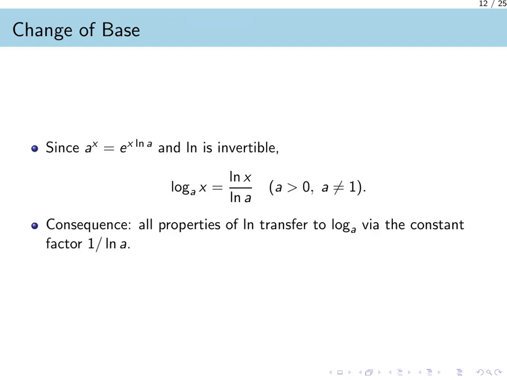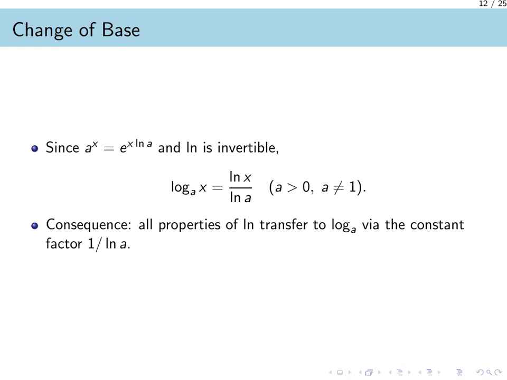We can now derive a very practical tool called the change of base formula, which connects any logarithm to the natural logarithm. Let us start with y equals log base a of x. By the definition of a logarithm, this is equivalent to a to the power of y equals x. If we take the natural logarithm of both sides of this equation, we get the natural log of a to the power y equals the natural log of x.